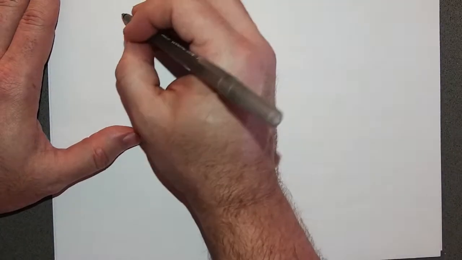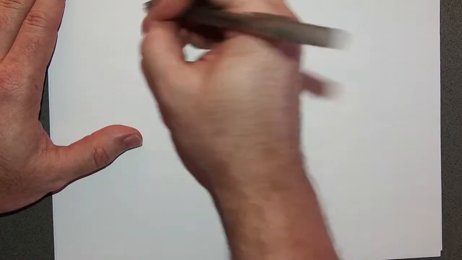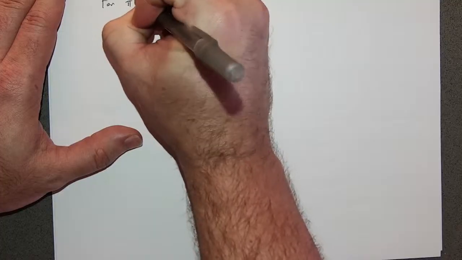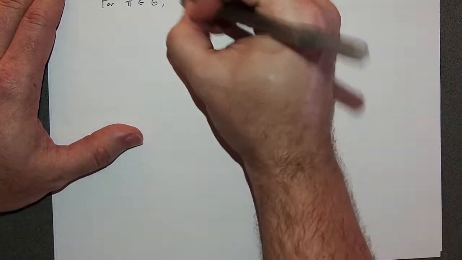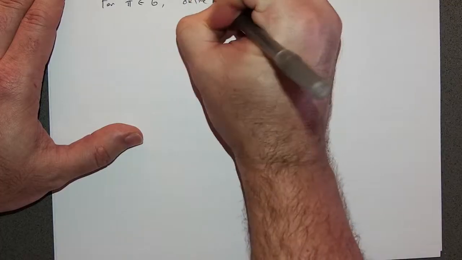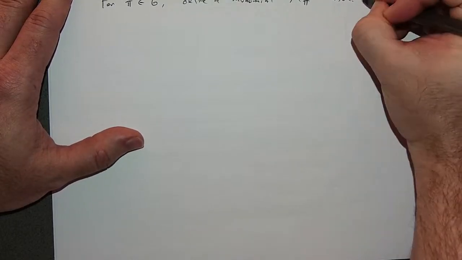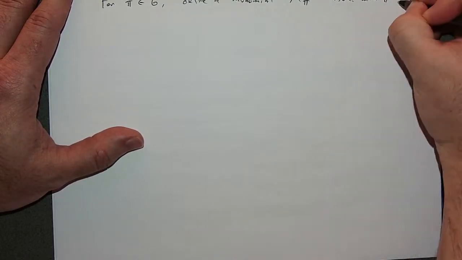For a permutation pi in G, define a monomial, we'll call it m sub pi, associated with pi in the following way.